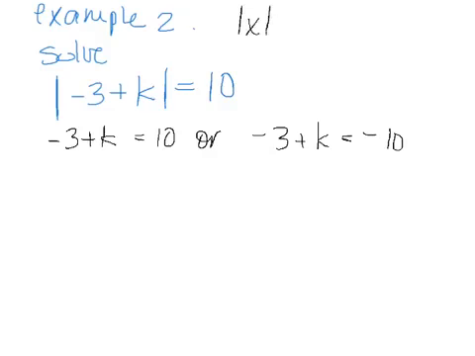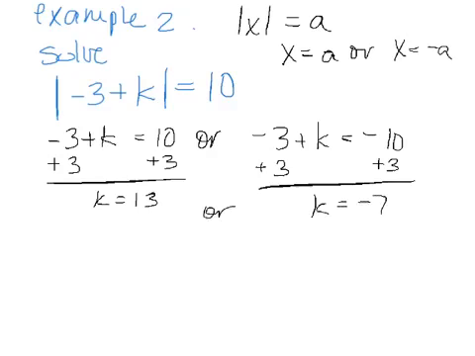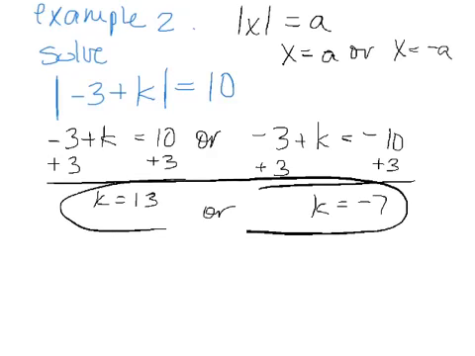Absolute value of x equals a, which means x equals a, or x equals -a. That's what we just did here. Now solve for k. +3 plus 3, k equals 13. +3 plus 3, k equals -7. And that is our answer.